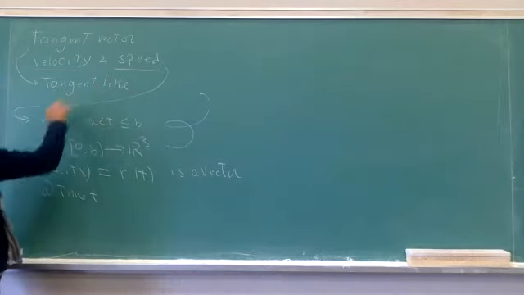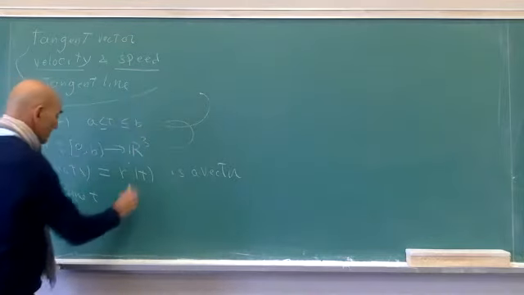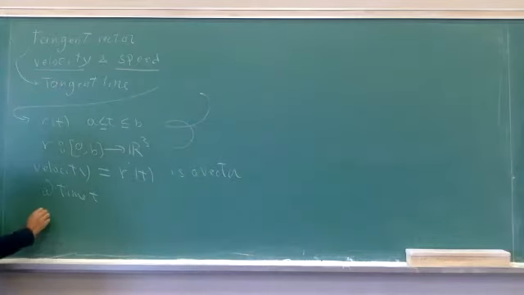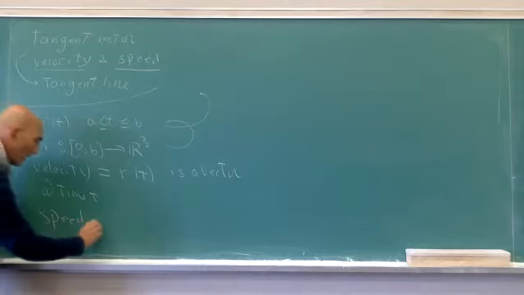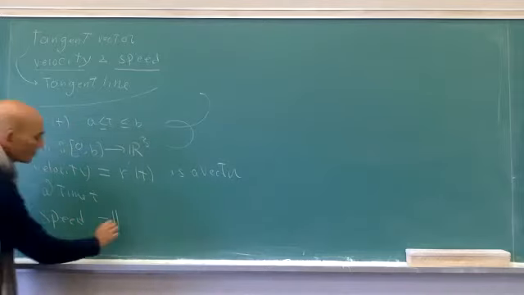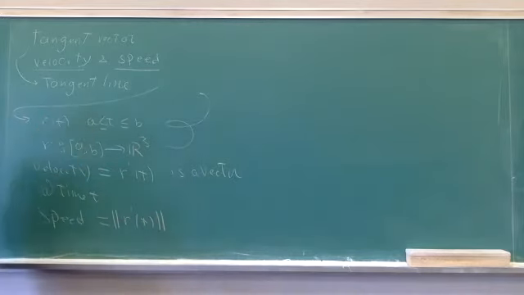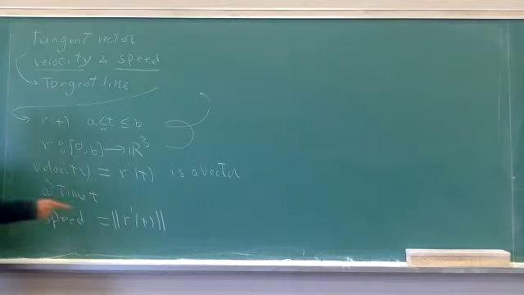But what's speed? Speed is the length of this vector, the norm of r prime of t. So it's a scalar.